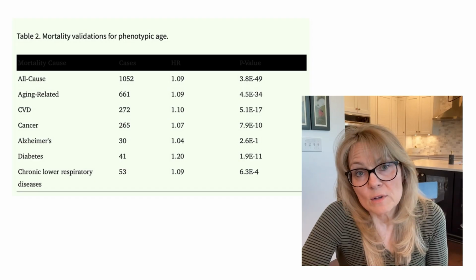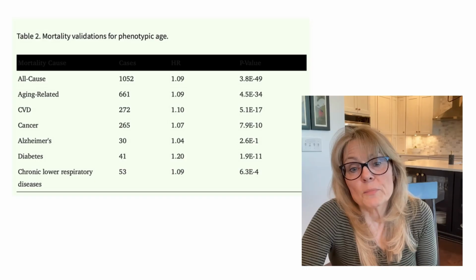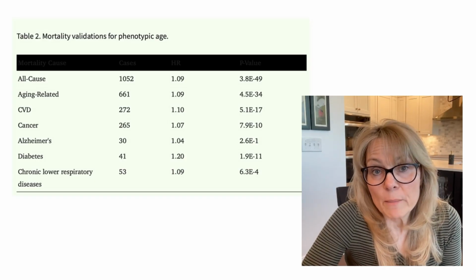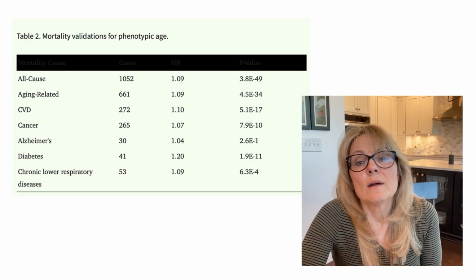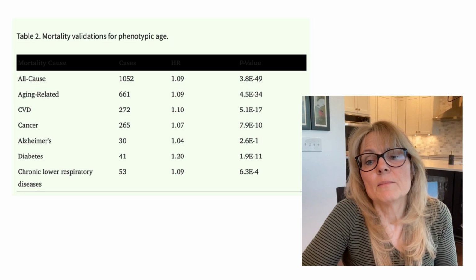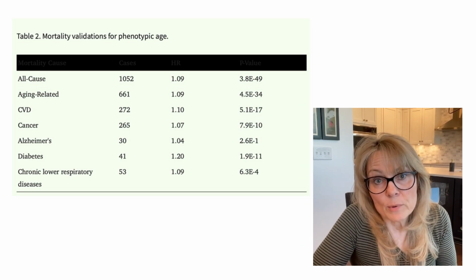Your cancer risk goes up 7%. Alzheimer's risk goes up 4%. Your diabetes risk goes up an astounding 20%. And your risk of chronic lower respiratory disease goes up 9%. The good news is your biological age is modifiable, and we're also going to talk about that as well.